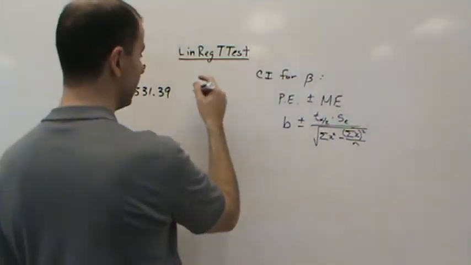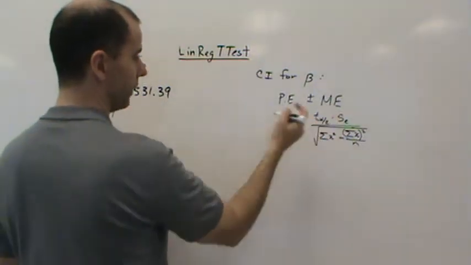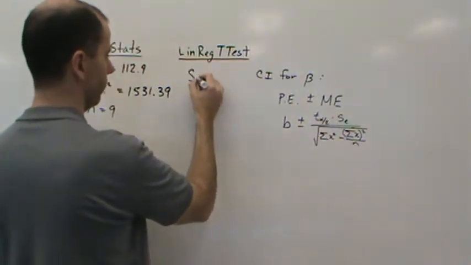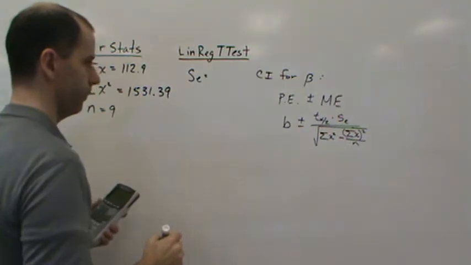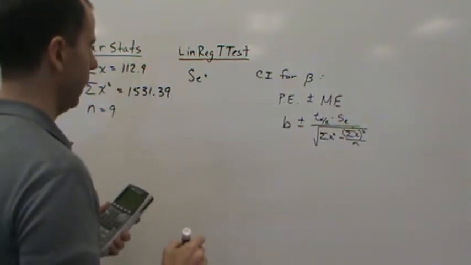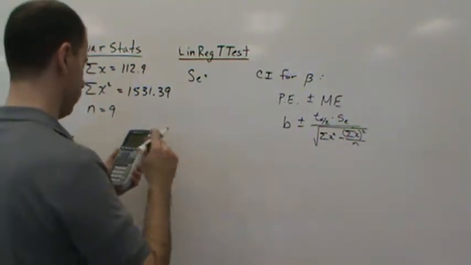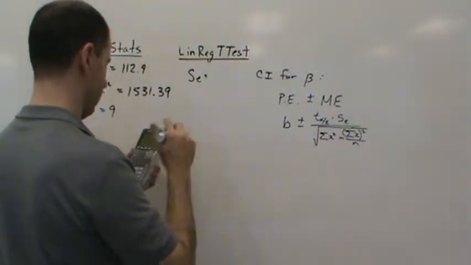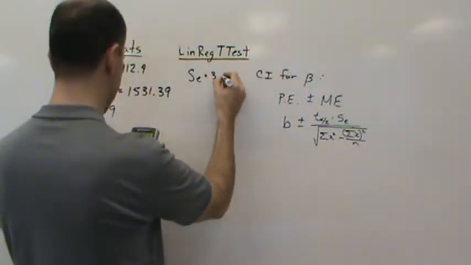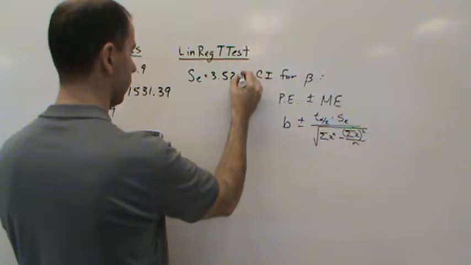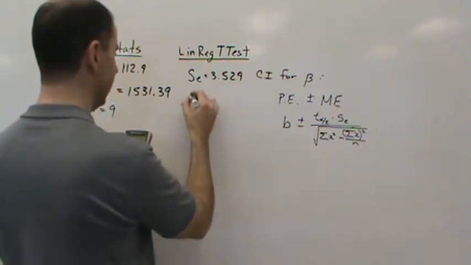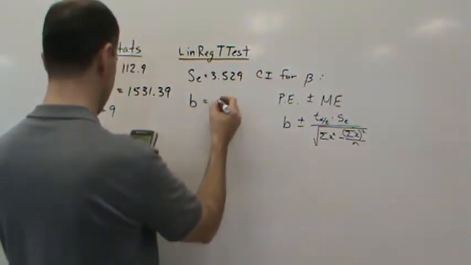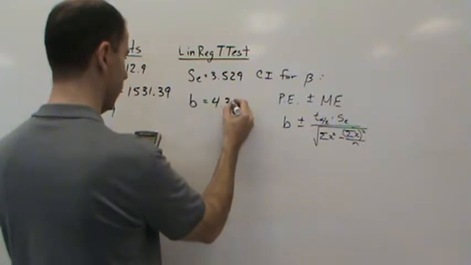Under LinRegTTest, S is my standard deviation of the errors, and that is going to be 3.529. And b, my estimate, is 4.379.